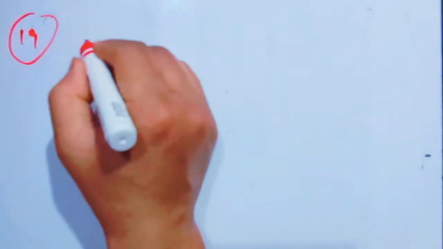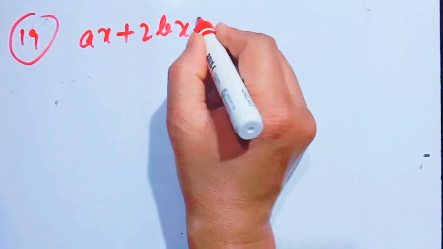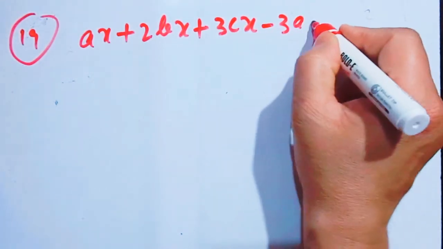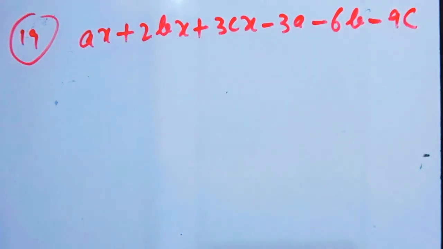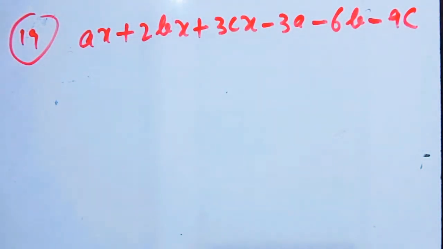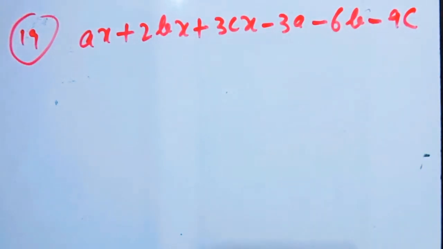Number 19 says that you factorize AX plus 2BX plus 3CX minus 3A minus 6B and minus 9C. Good. If I take minus common over here, this also will become plus.